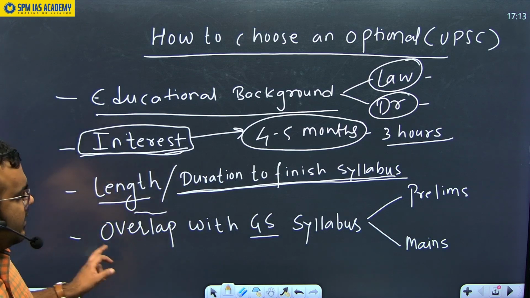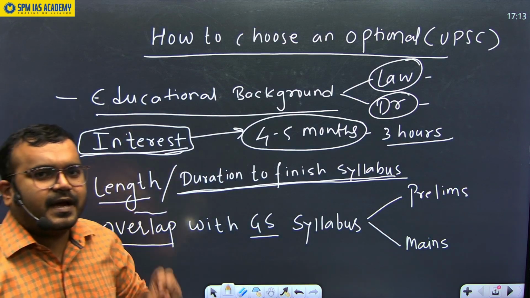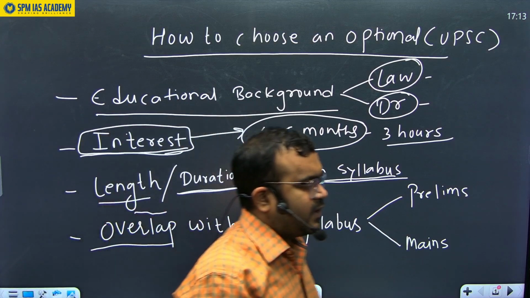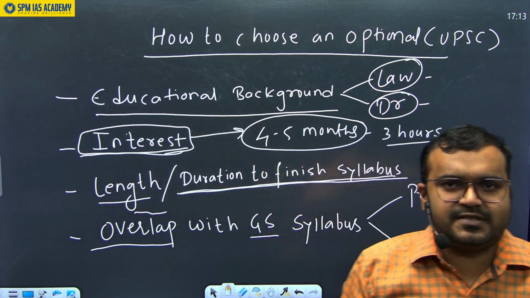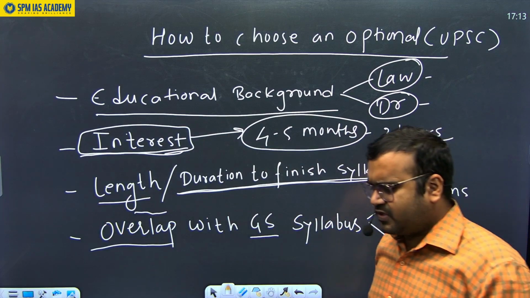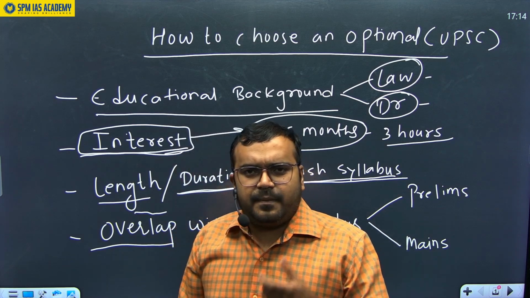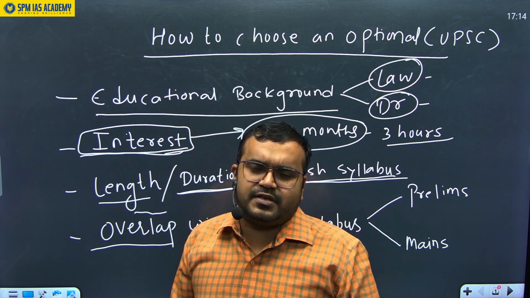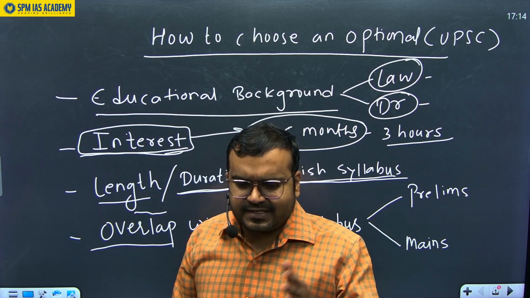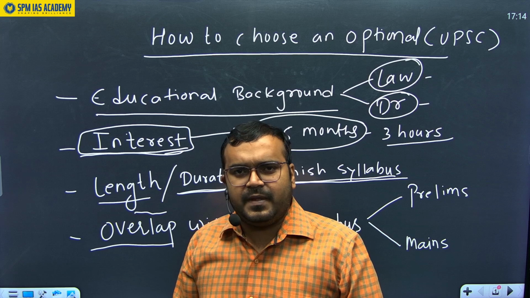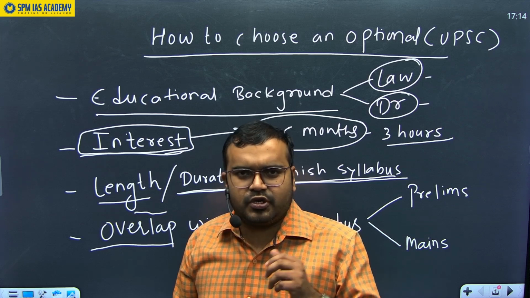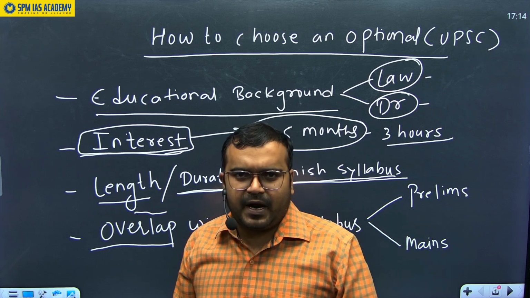Then comes another important facet, and that is the overlap with your general studies syllabus. There are numerous optionals which play an important role in your general studies subjects, such as in paper 1 you will see geography and history, similarly sociology, or majorly the society part, right?